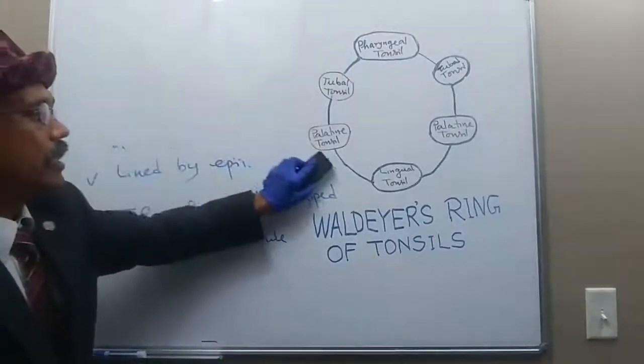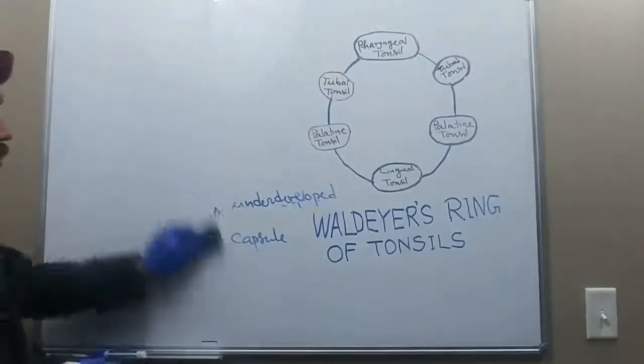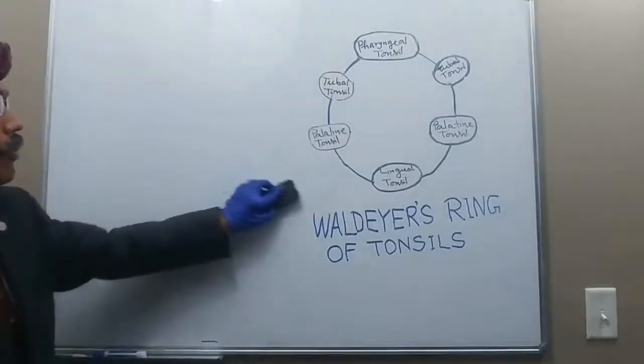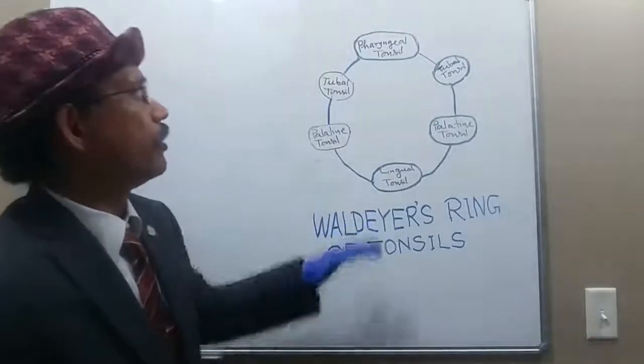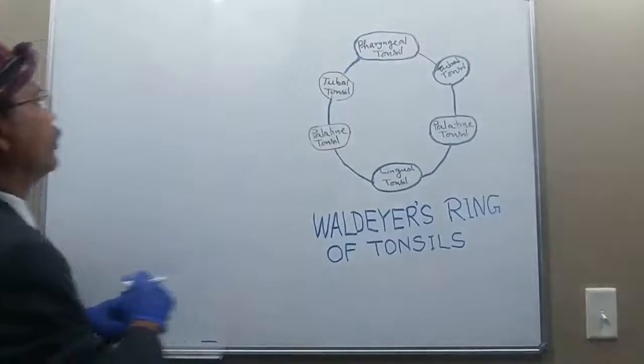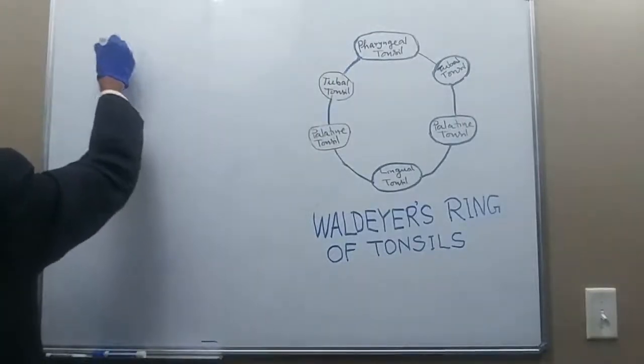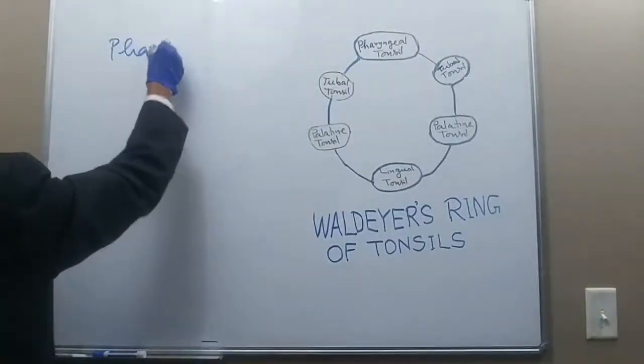These are present in the nasopharynx as well as in the oropharynx. We'll find out what the components of the Waldeyer's ring of tonsils are. We have the pharyngeal tonsil. First of all, we'll go to the pharyngeal tonsil.